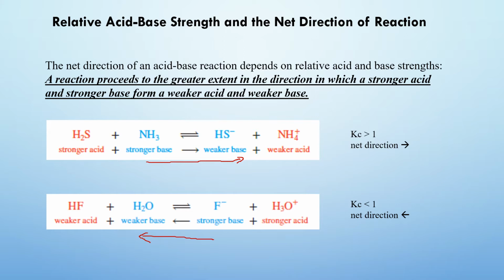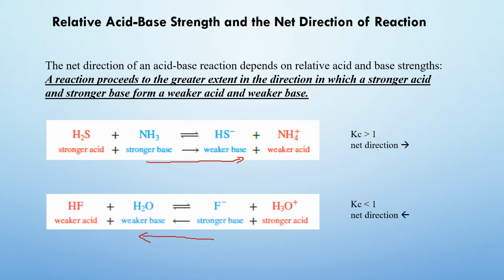In the second example, because the stronger acid and base are on the right hand side, the Kc will be less than 1. Here the Kc is the Kc value for the net reaction. So you have the same initial concentration for all of these species in the initial condition, and the reaction that happens before it reaches equilibrium is the net reaction.